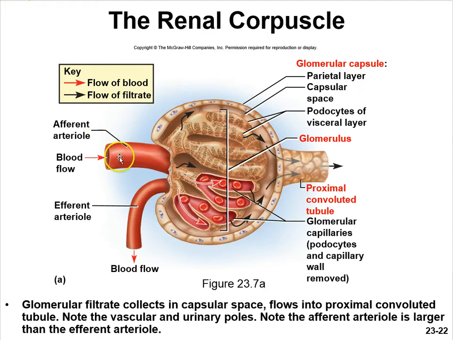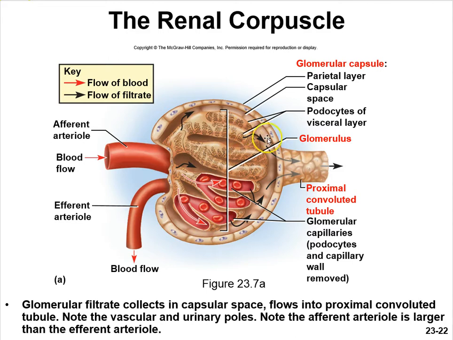So here's our renal corpuscle. Our afferent arteriole brings blood in. It's under a great amount of pressure once it's in this capillary bed called the glomerulus inside here. And so filtration happens quite easily here.